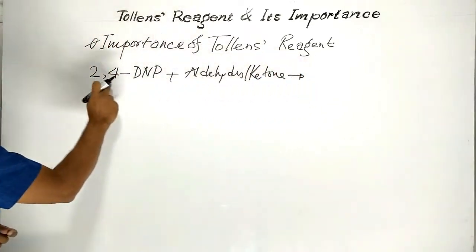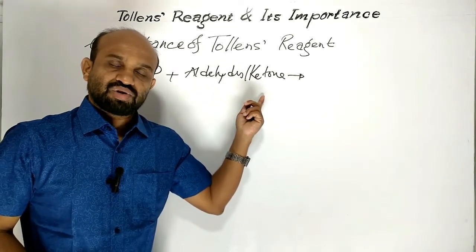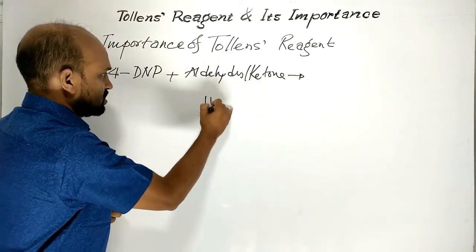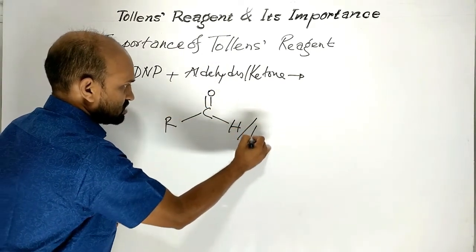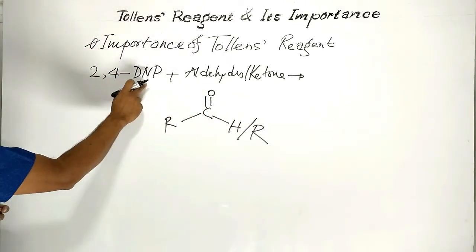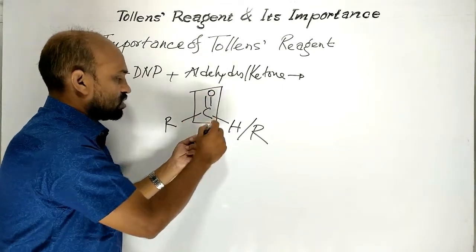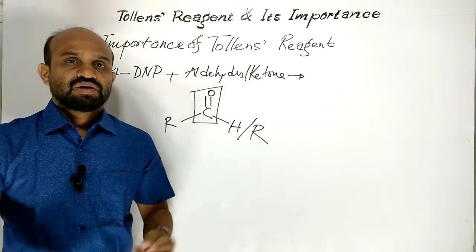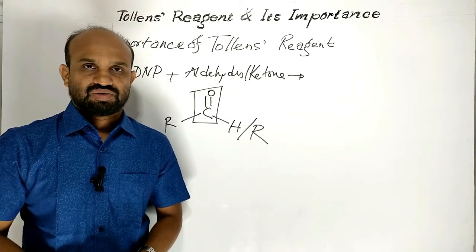That is, 2,4-DNP is used to detect the carbonyl group of both aldehydes and ketones. 2,4-DNP cannot distinguish aldehydes from ketones.